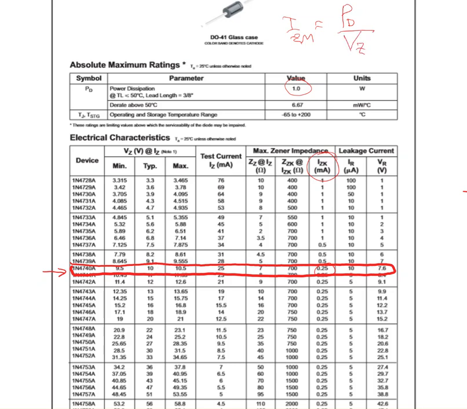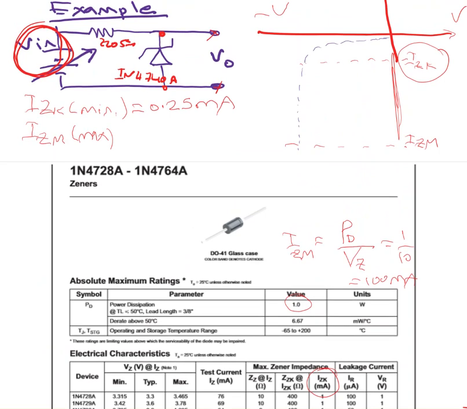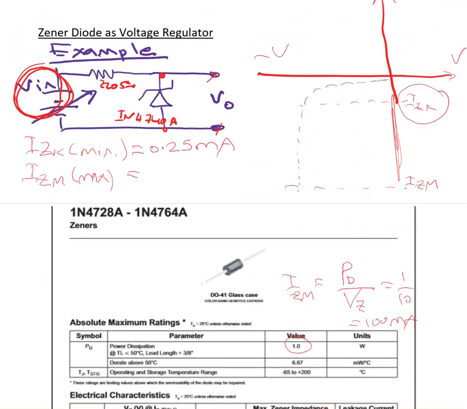My Zener diode here is expected to keep the voltage equal to 10 volts, so this is over 10. And my power dissipation is 1, so it is 1 over 10, which is 100 milliamperes.